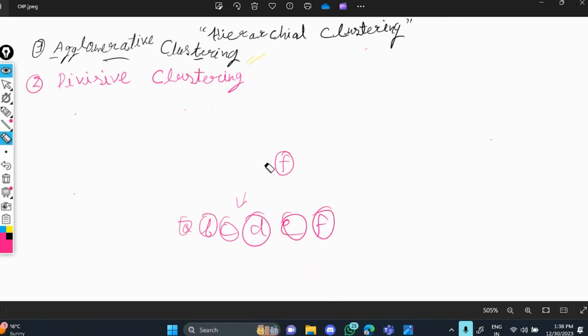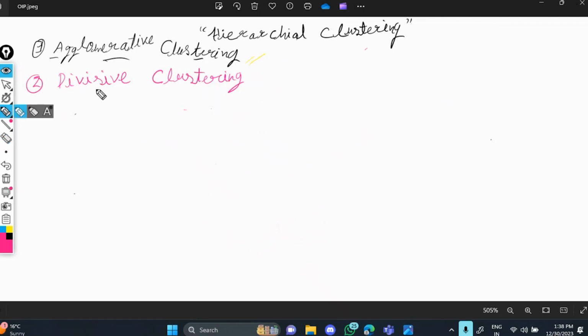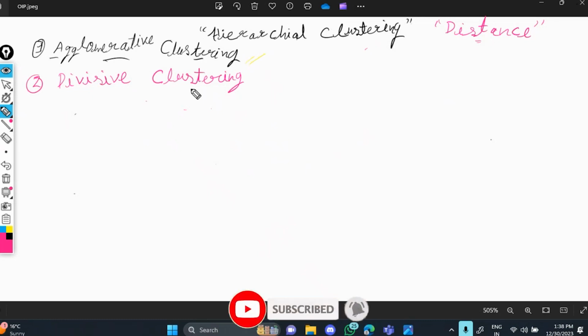See, they also have some similarities. In agglomerative clustering, distance is the factor. We have to check the distance in both clusterings, or any clustering. If we use any of these techniques, we have to focus on distance. So in agglomerative clustering, we focus on the closest one, which one is the minimal. And in divisive clustering, we focus on the farthest one.